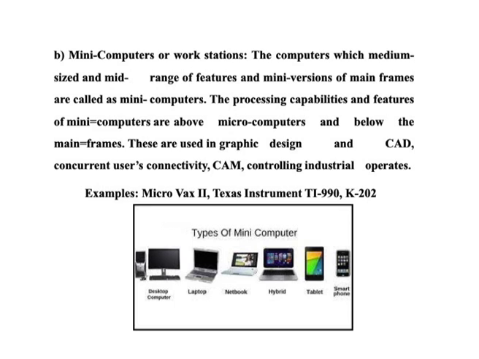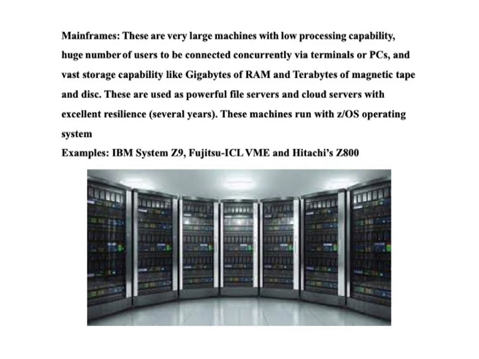Computers which are medium sized or mid range in features, and mini versions of mainframes, are called mini computers. These are used as Micro VAX 2, Texas Instrument 2, etc. Then comes the mainframes. IBM used mainframes.